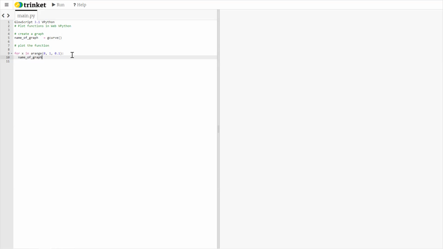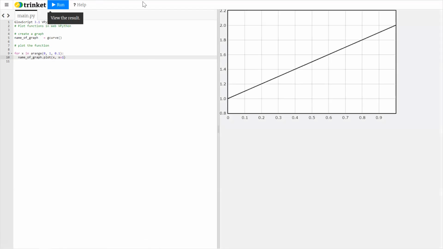You can use any variable name. Then dot plot, and inside you will have the function. So let's say you want to plot x and x plus 1. This is a linear plot. So click run, and then you have a linear graph here.